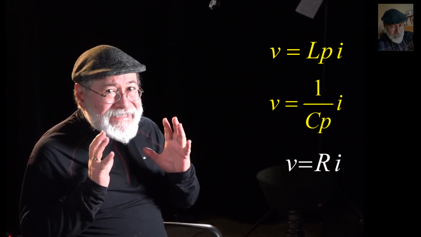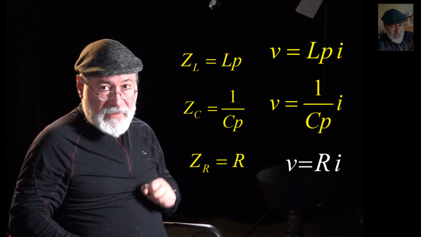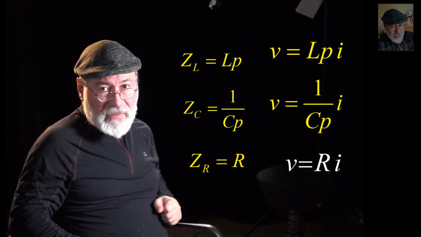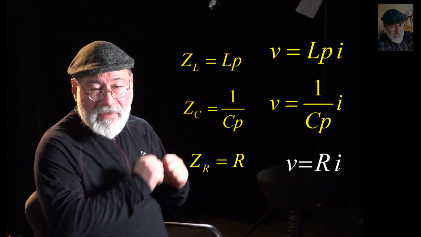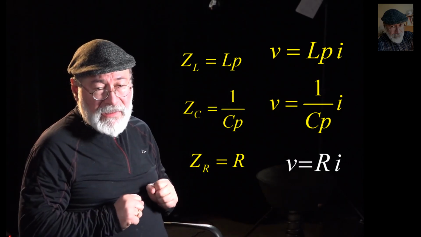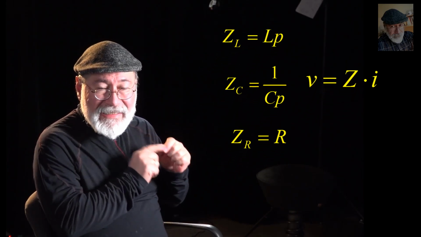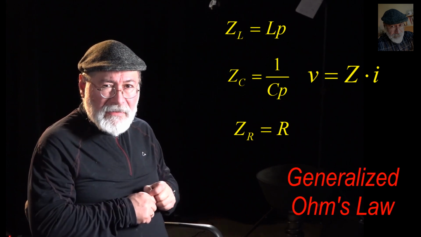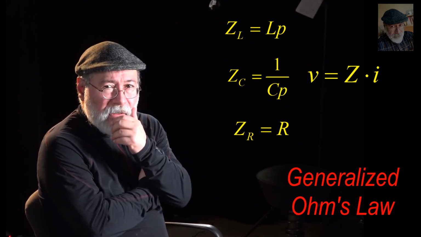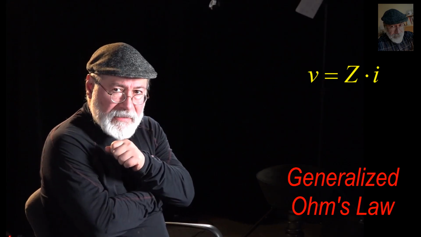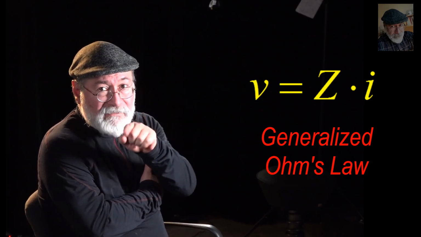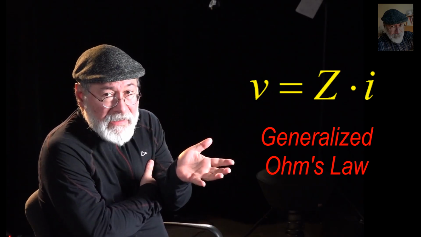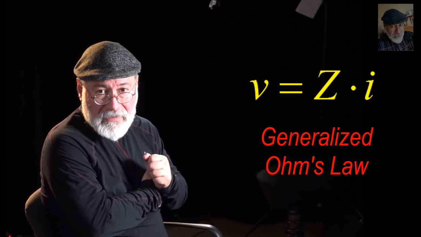If we call Z Lp for the inductor, 1 over Cp for the capacitor, and R for the resistor, we can write for the three of them that for either of those elements, V is Zi. Z, what are the units for Z? Well, think. Amps times Z is volts. The units of Z? Ohms, of course, right?